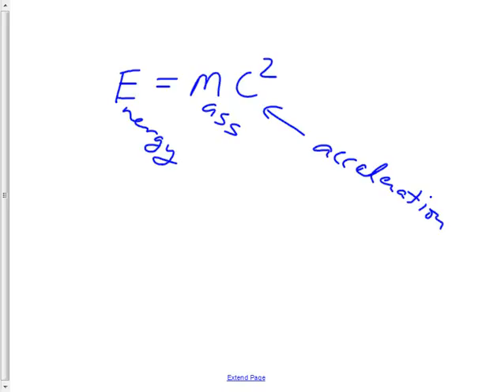Yeah, almost no mass. Can you imagine if I threw something that hard, like a baseball? How bad that would hurt? Or a bowling ball? Or a giant anchor from a boat. As the mass gets bigger and bigger, you can imagine the energy will get bigger and bigger, and that's what this equation is trying to take into account.